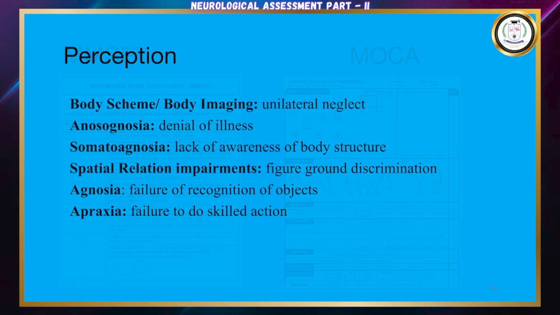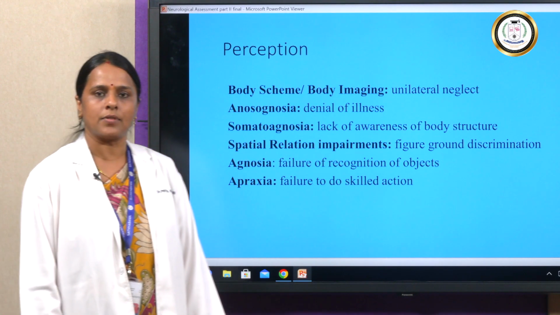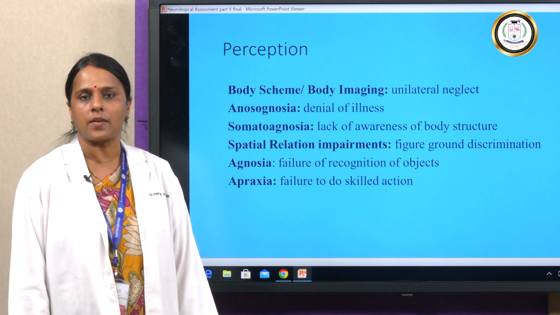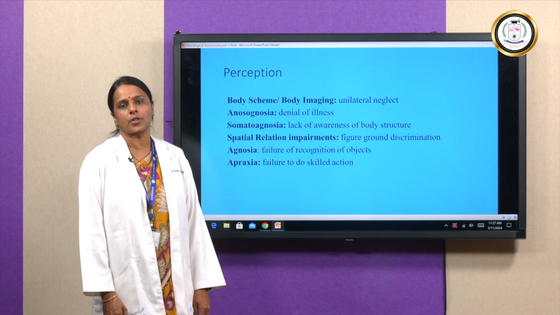Now perception. Perception also forms a very important component, especially for neuro cases, as it helps us design our treatment protocol. Patients who have a perceptual problem, with difficulty understanding or perceiving their surroundings, are a challenge for the therapist to treat.